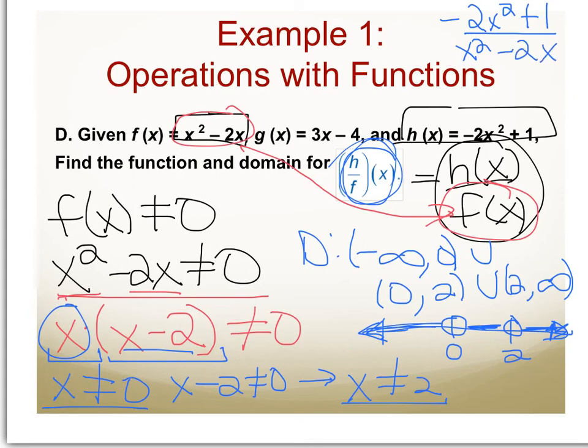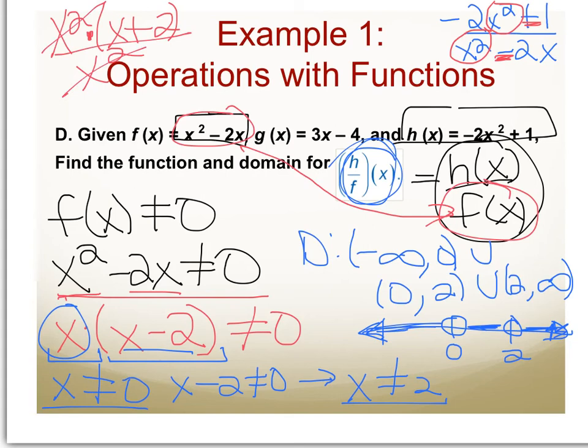Some people will probably try to say we can cross out the x squareds, but you cannot cross off this x squared with this x squared because you're subtracting here and you're adding up here. You can only do that if you were multiplying. So if you had something like x squared times x plus 2, I'm just making up another example here, and then you had another x squared on bottom, since you're multiplying x plus 2 times x squared, then you would be able to cancel out the x squareds.